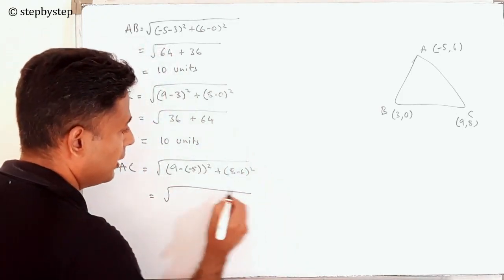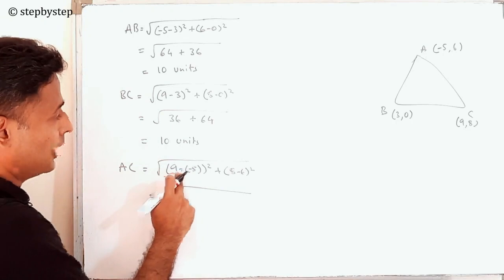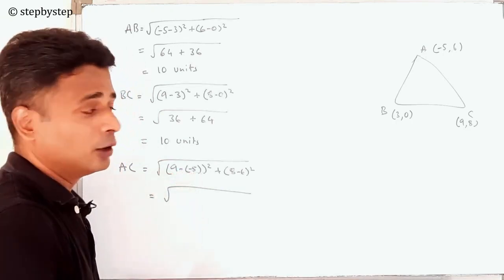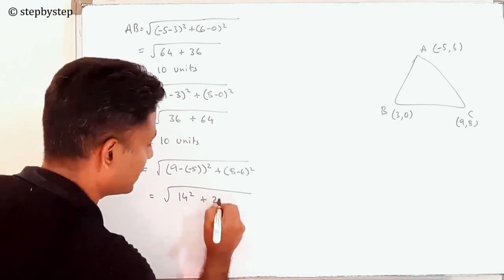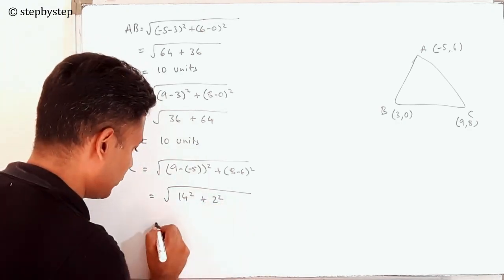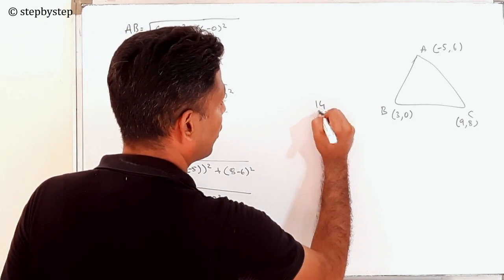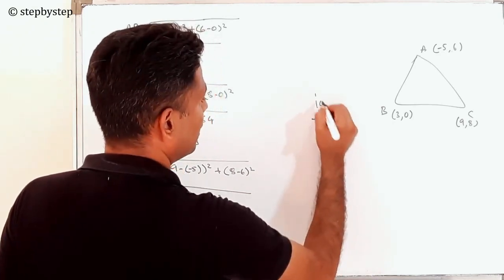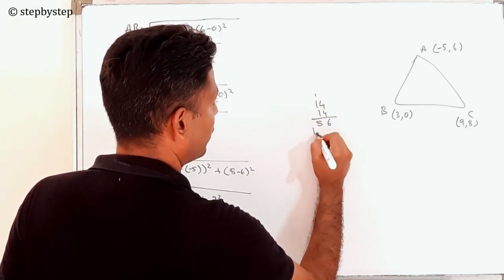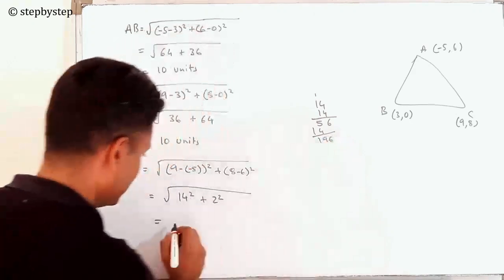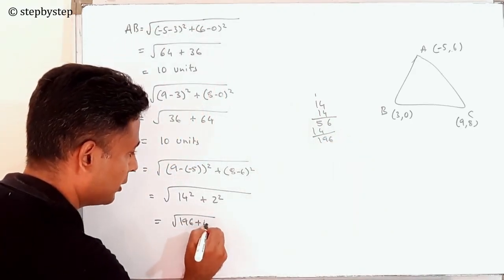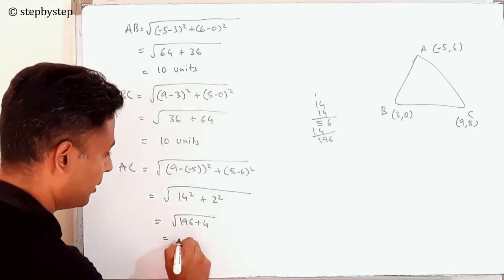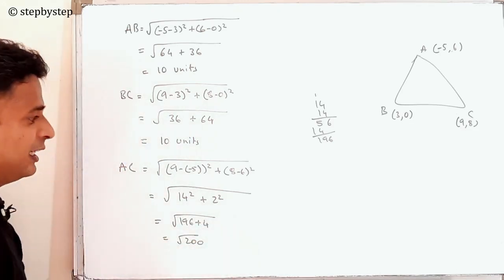So what do we get? Minus of minus is plus. So 9 plus 5, 14. 14 square plus 8 minus 6, 2 square. Now 14 square is, okay, I have forgotten how much it is. So I'll multiply 14 and 14. It is 196. So we get root of 196 plus 4, right? So it becomes root 200. But will this be a final answer?